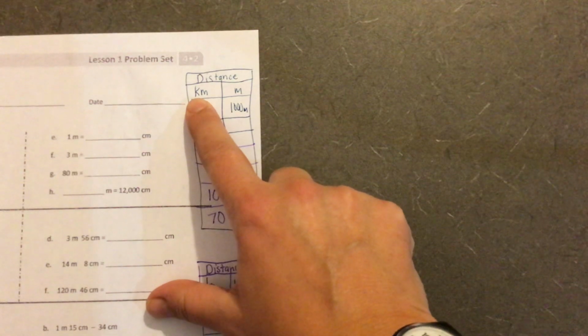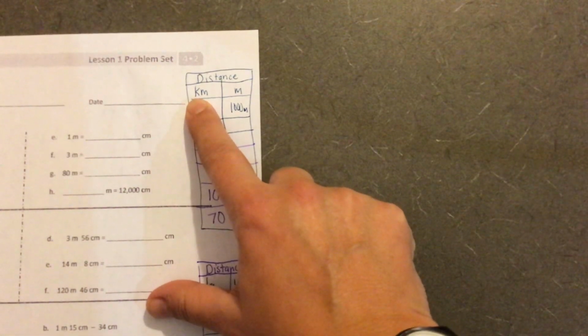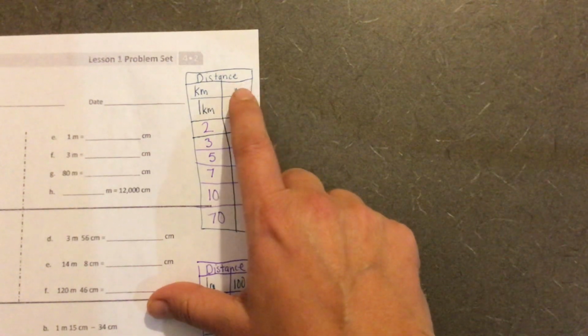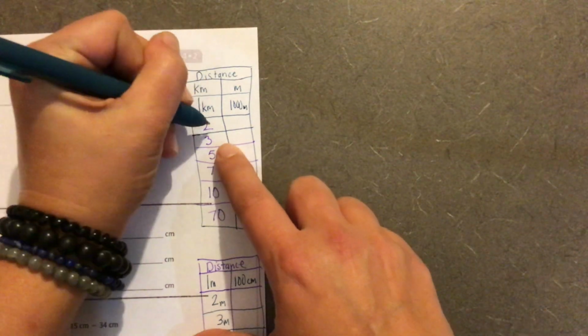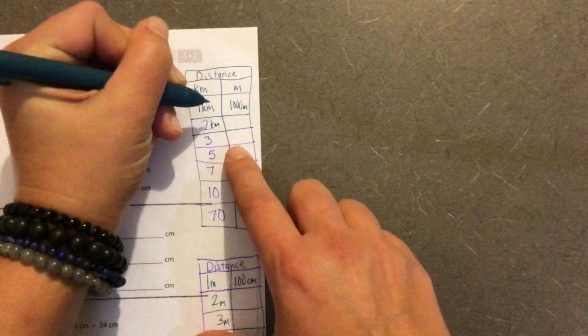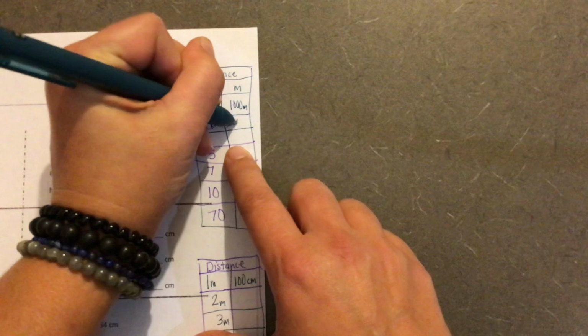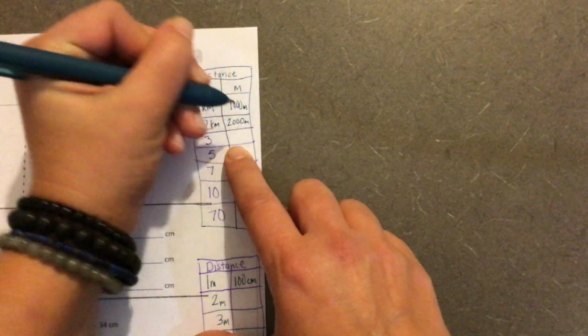So let's take a peek at this chart. If you remember what we talked about in class, a kilometer is significantly bigger than a meter. So 1 kilometer is the same as 1,000 meters. So 2 kilometers would be 2,000 meters.